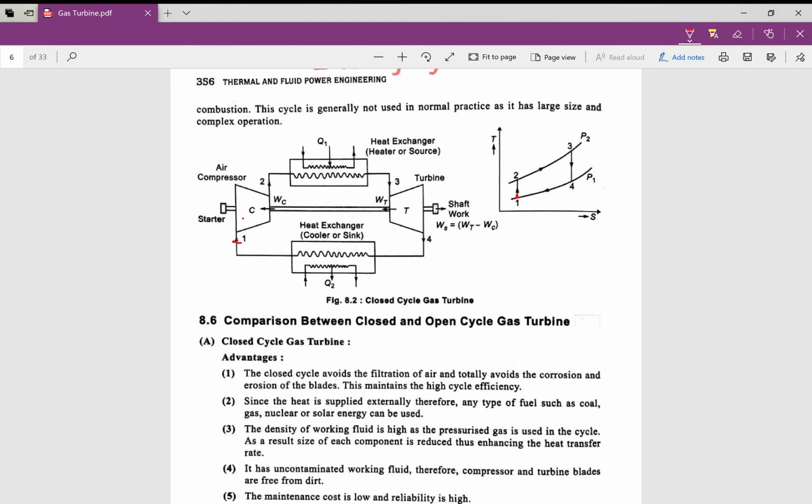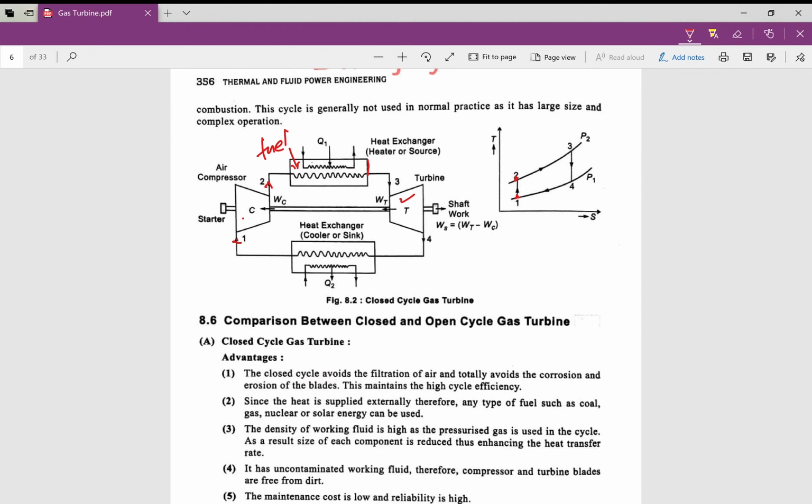Then the compressed gas or air is supplied to this combustion chamber, where fuel is injected, so that the air burns. After burning, that heat is supplied along with high pressure to this gas turbine.